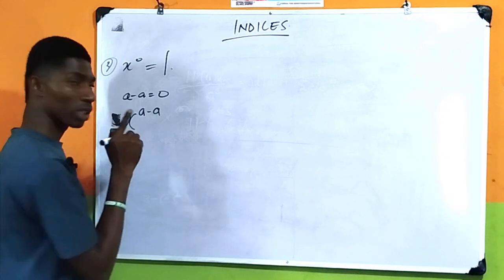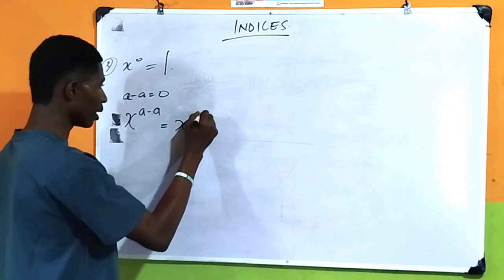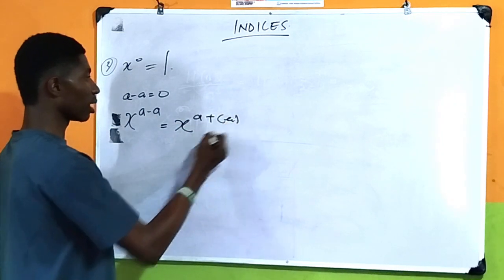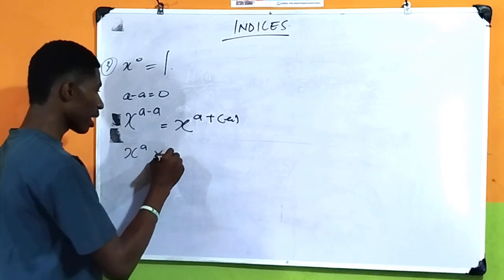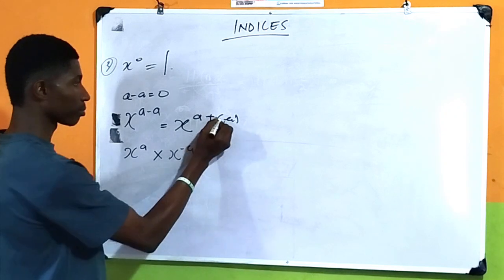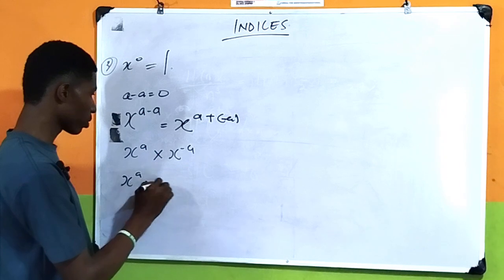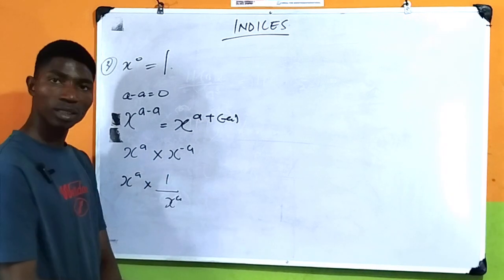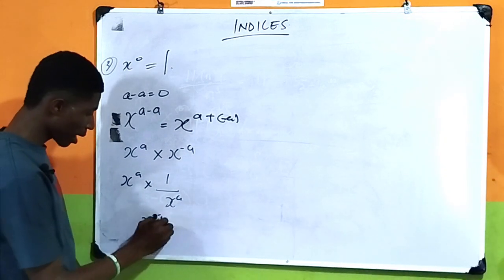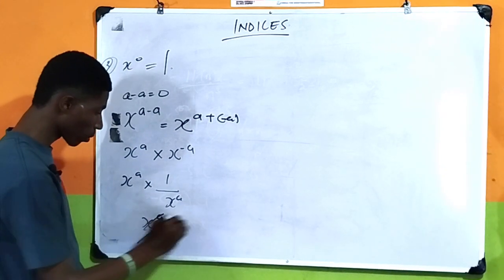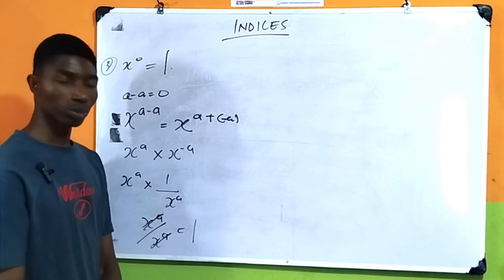According to the multiplicative rule of indices, this can be written as x^a times x^(-a). Now, I have x^a times 1 over x^a, which is x^a over x^a, which is equal to 1. So any number to the power of 0 is equal to 1.